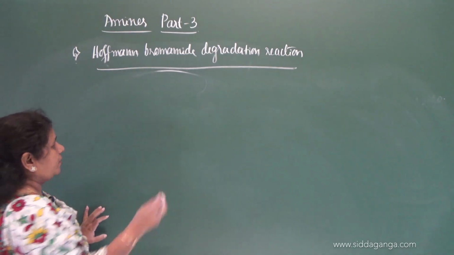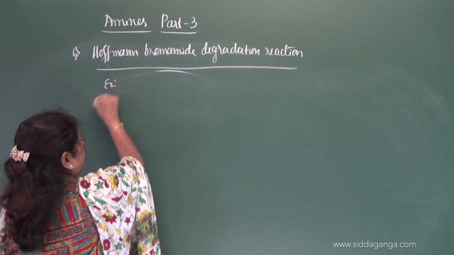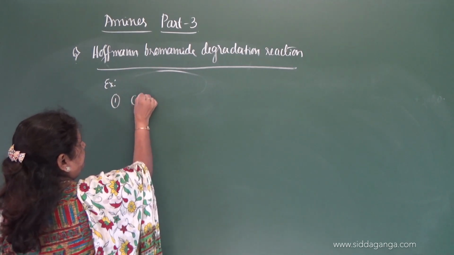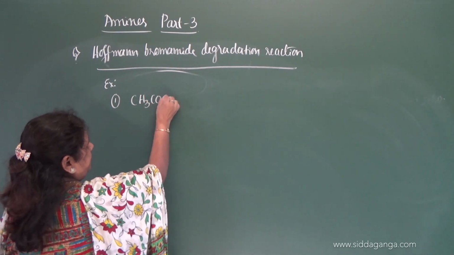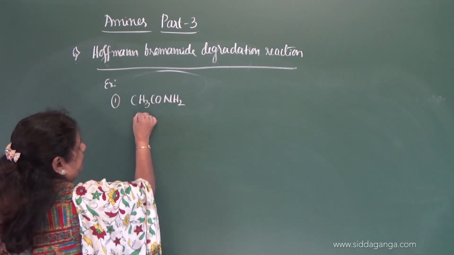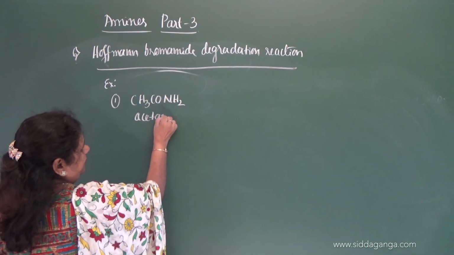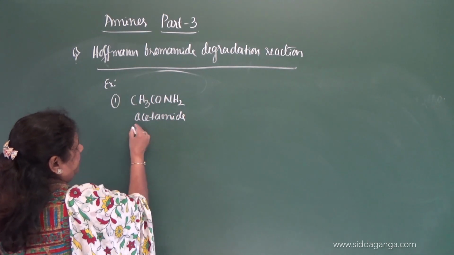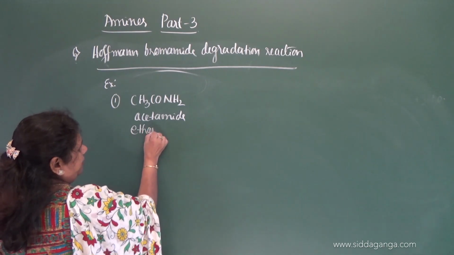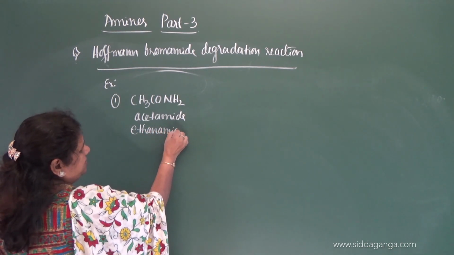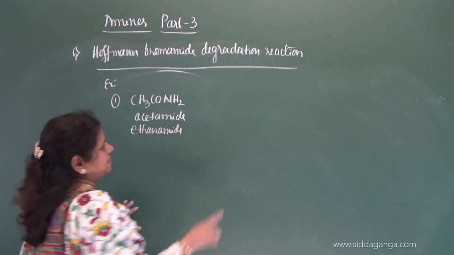So let us move on to the example. Take down the first example. Let me take acetamide. What is the IUPAC name? Ethanamide is the IUPAC name. 2 carbon atoms are there.